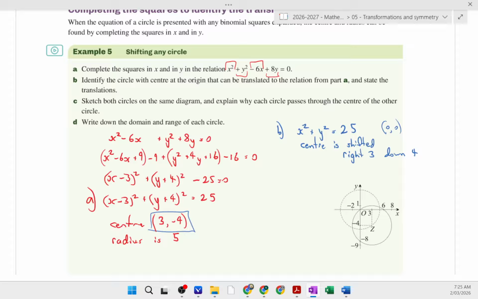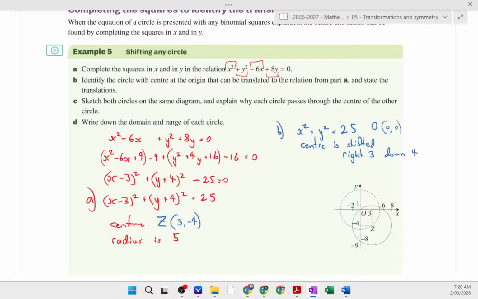Cool. All right, now question C says sketch both circles on the same diagram. Explain why each circle passes through the center of the other circle. Okay, so I've already got them sketched there. Rather than having you draw circles, I thought I'd put them there. But explain why. We've got the center, we're calling that Z, 3, minus 4. And the center of this one is O. So why does the center of each of them go through?